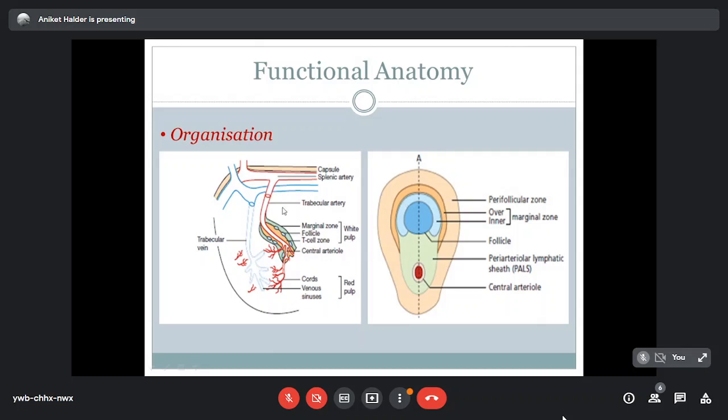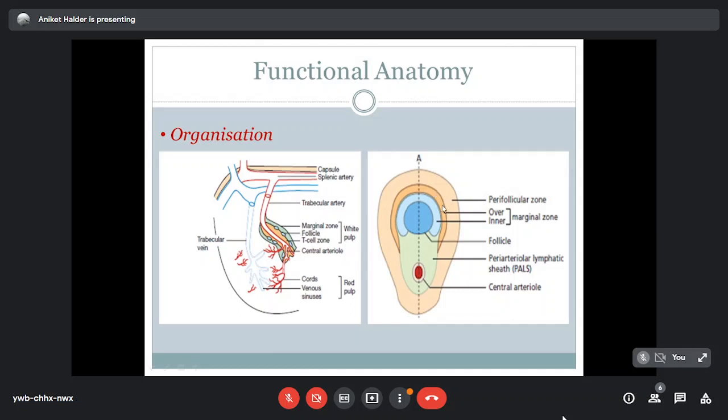A cross section through the white pulp and the red pulp shows the central arteriole in the right hand figure. Around this central arteriole, the light green area is the periarterial lymphatic sheath containing the T cells, and the blue areas at the periphery are the lymphoid follicles.